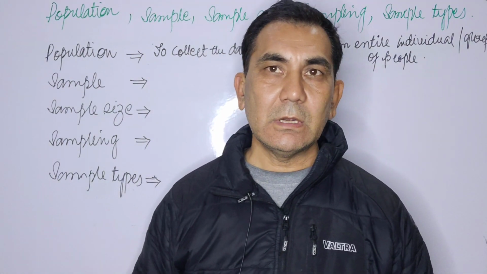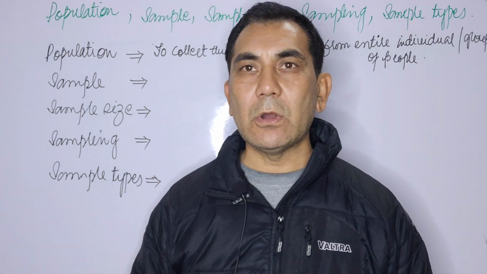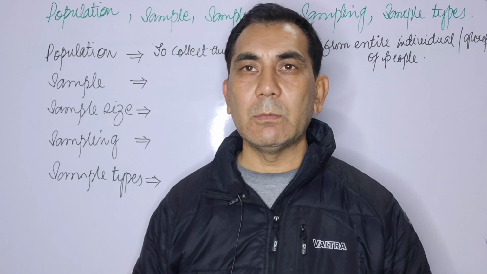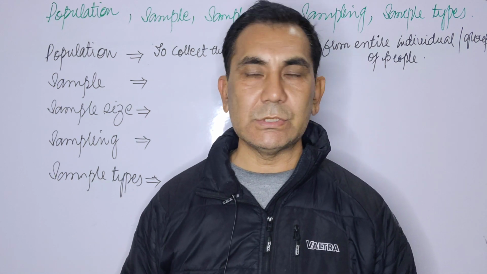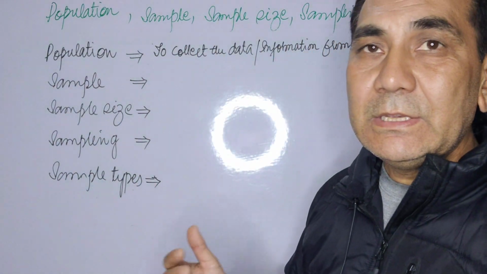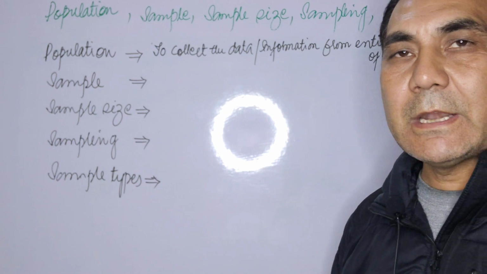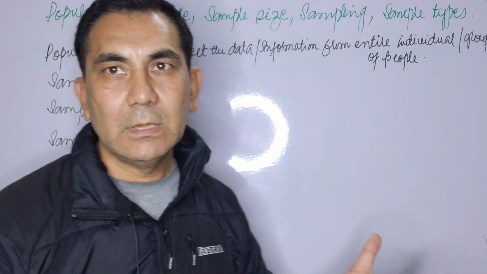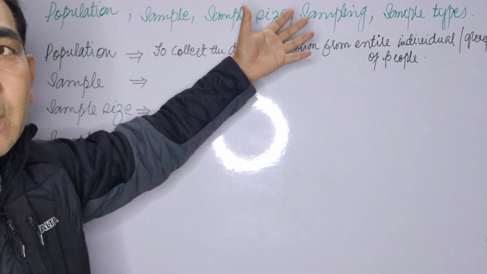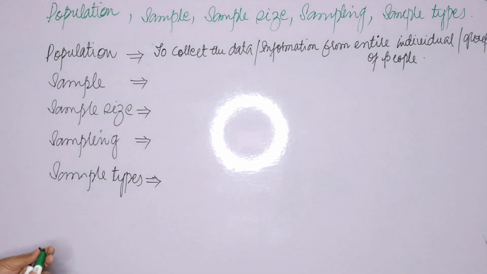When the researcher conducts a study, he definitely has the constraint of limited resources in the form of time and money. So to make his life easier, the researcher selects a subset of the population from the entire group, and that is called the sample.